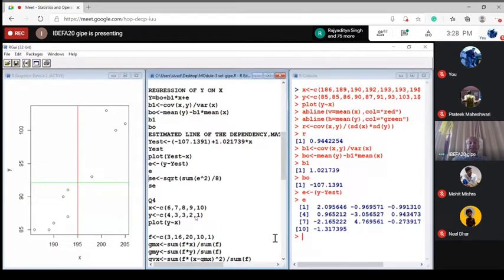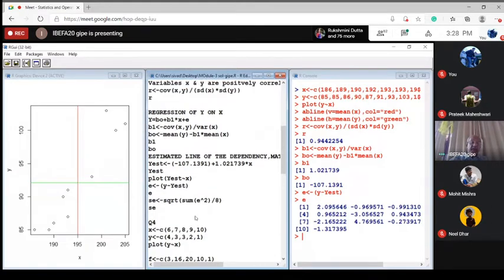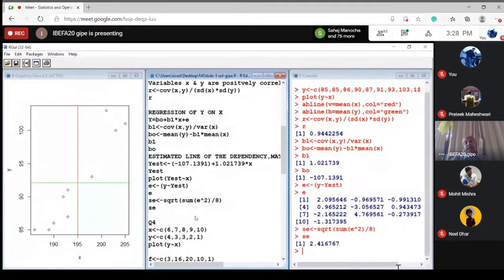Very good. Error is positive or negative, so the average error I cannot find out. So I will square it and then derive a formula that is called standard error. This is what we have done till last class.